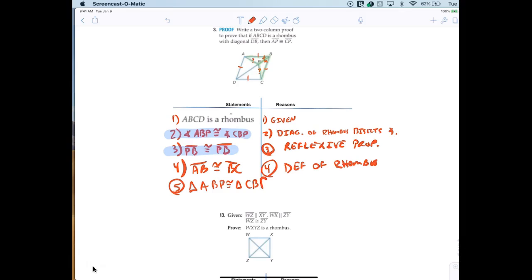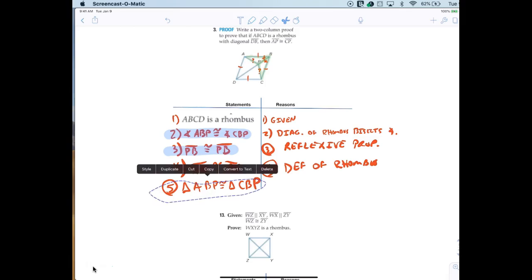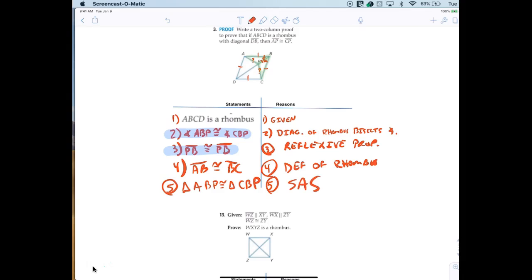C, B, P. And why is that? Angle side. Yeah. That was side, angle, side. Good. Side, angle, side.